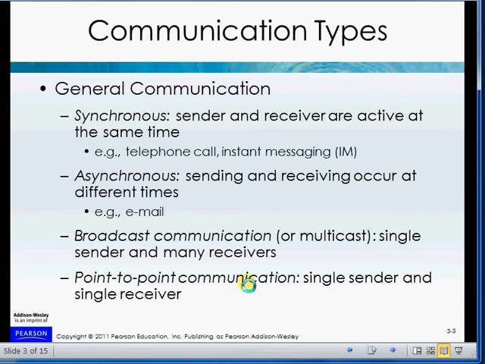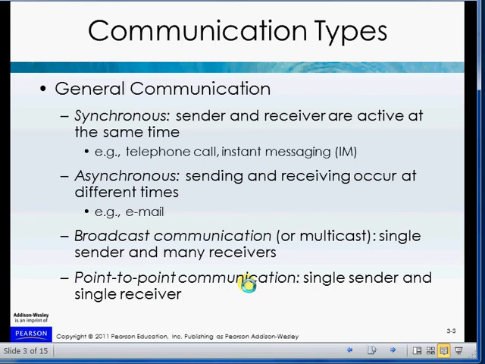For instance, you might be in an online class and you send me an email at midnight on Monday night, and I respond to you at 9 a.m. the next morning. Both of us aren't online, but we still have a successful communication. So make sure you're able to distinguish between synchronous and asynchronous communications.